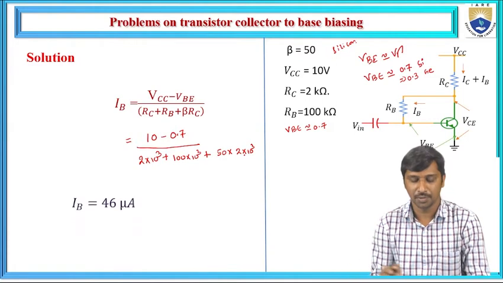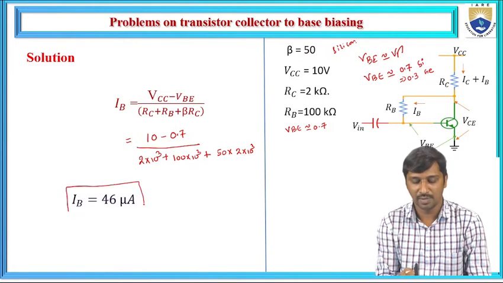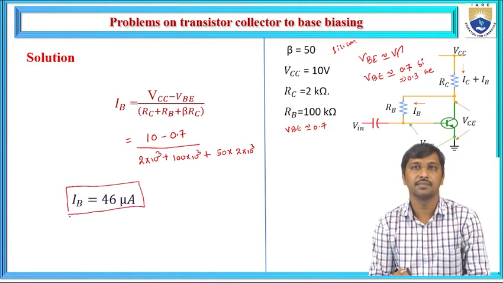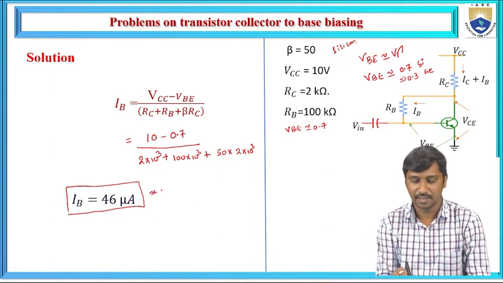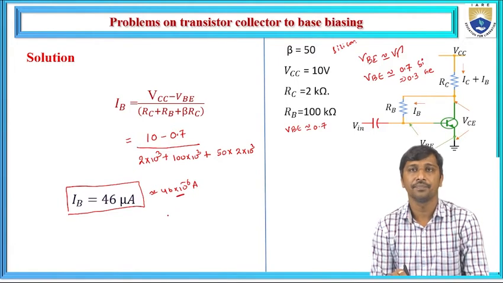If you solve this ratio, it gives IB equal to 46 microamperes, that is 46 into 10 to the power of minus 6 amperes.